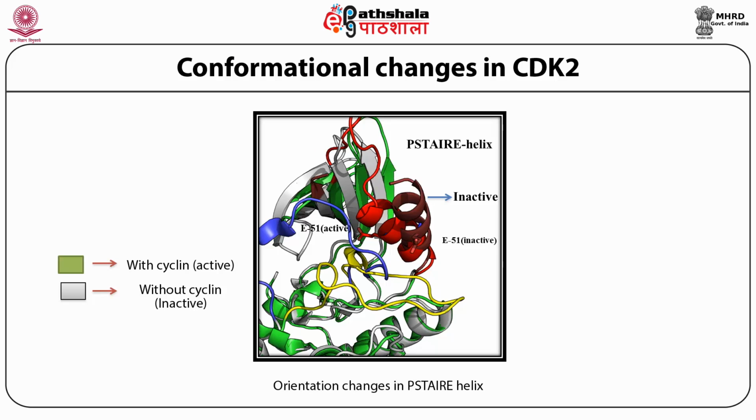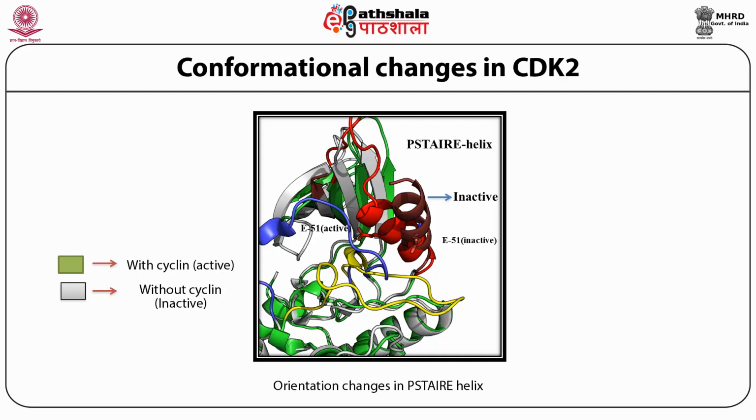You can see the PSTRI helix, which has not only moved but also rotated, and you can also see the T loop, the yellow colored part, which becomes an extended structure.